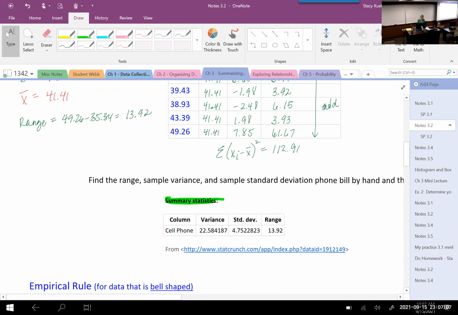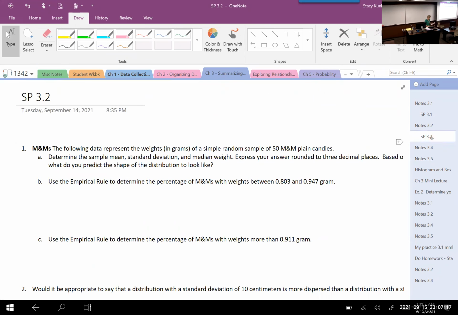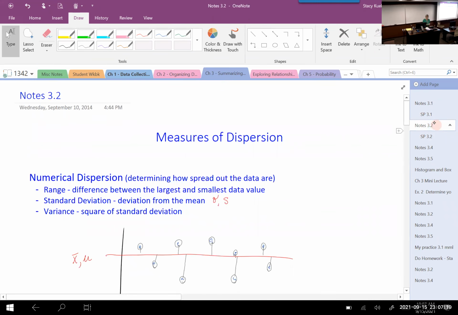So if we're thinking about the paper that you're working on there, somebody describe for me the range. You've got a paper in front of you that says the range. Isn't that the first tab on that handout that I handed you? Yes. What symbol do you think we're going to use for range?